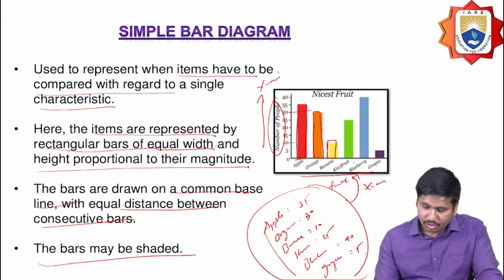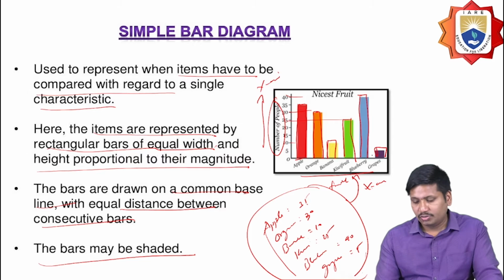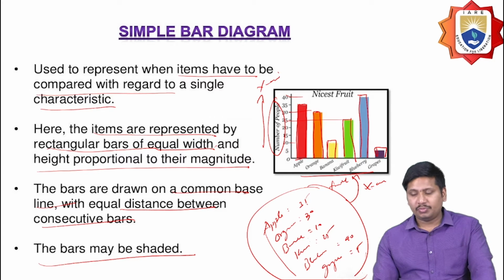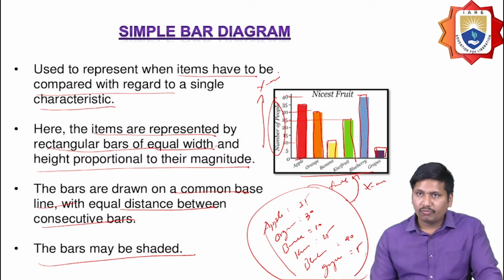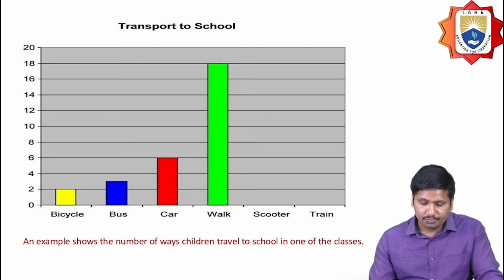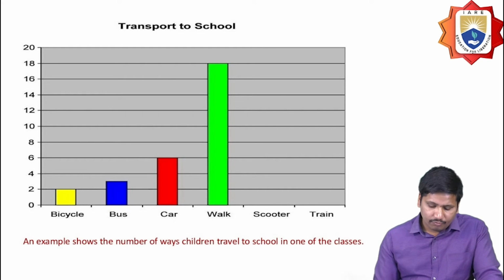Next kiwi, 25, so I draw up to 25. Then blueberry is 40, and then 5. So these are the bar diagrams I can show in the form of visualization.